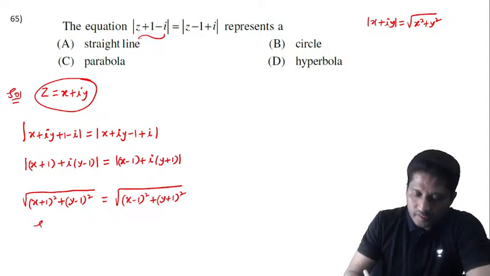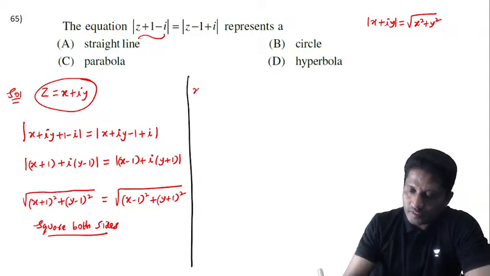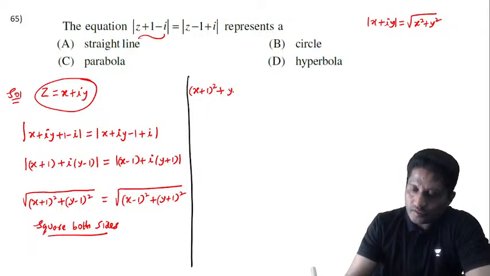If you square on both sides, root and square cancel. This becomes x plus 1 the whole square plus y minus 1 the whole square is equal to x minus 1 the whole square plus y plus 1 the whole square.